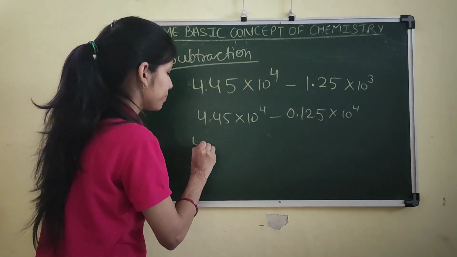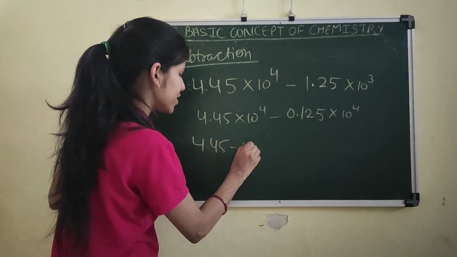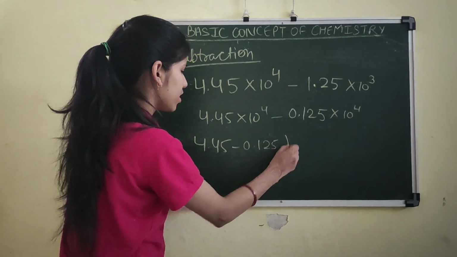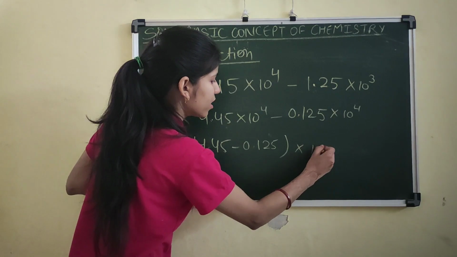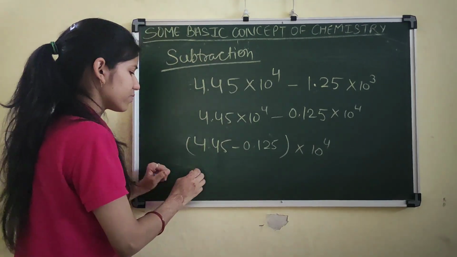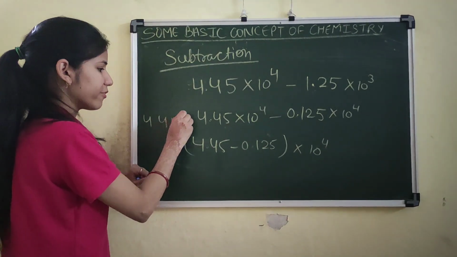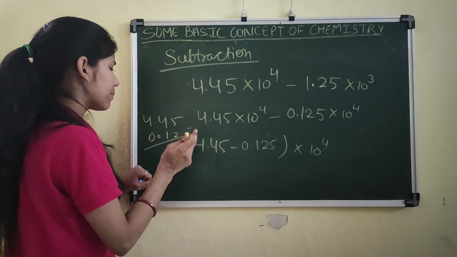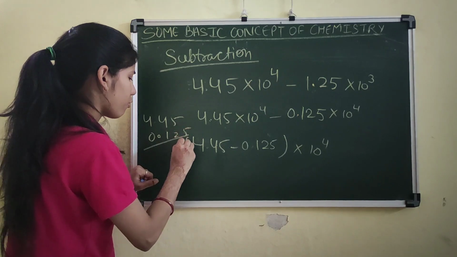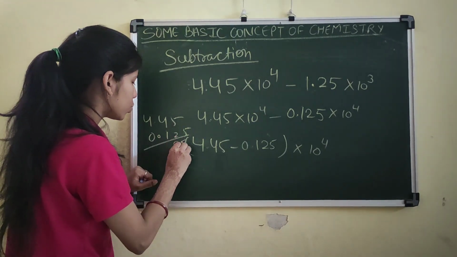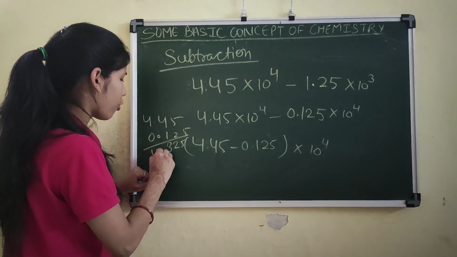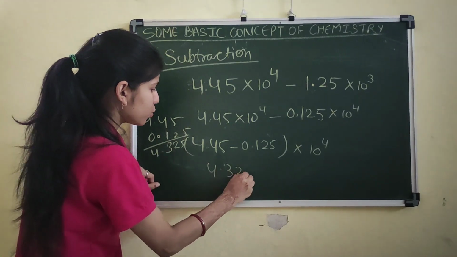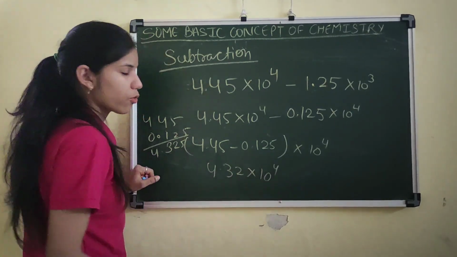So it will be 4.45 minus 0.125 into 10 to the power 4, which is 4.32 into 10 to the power 4.